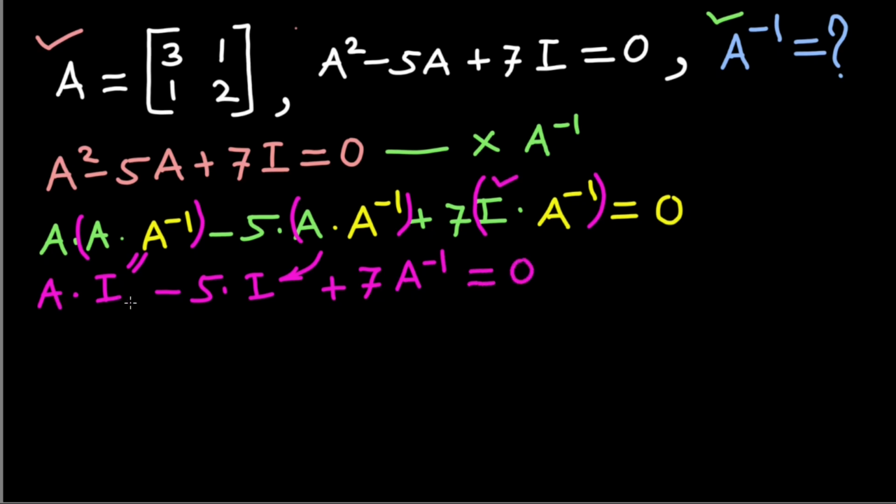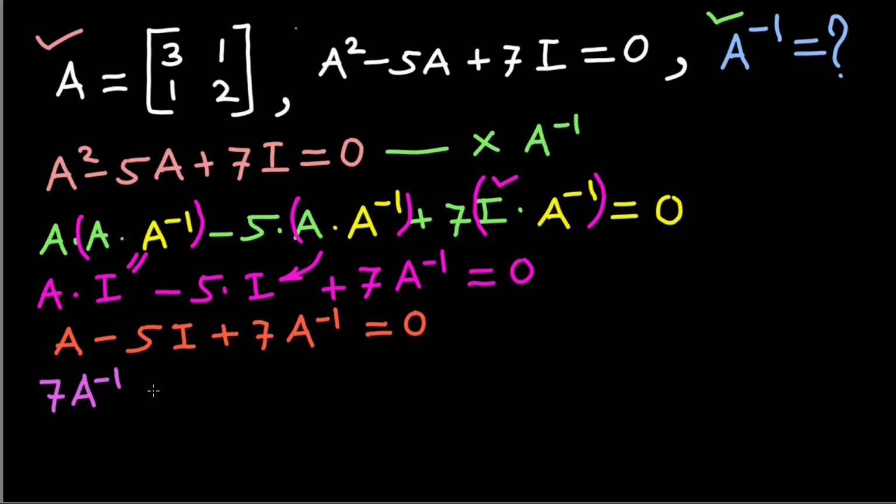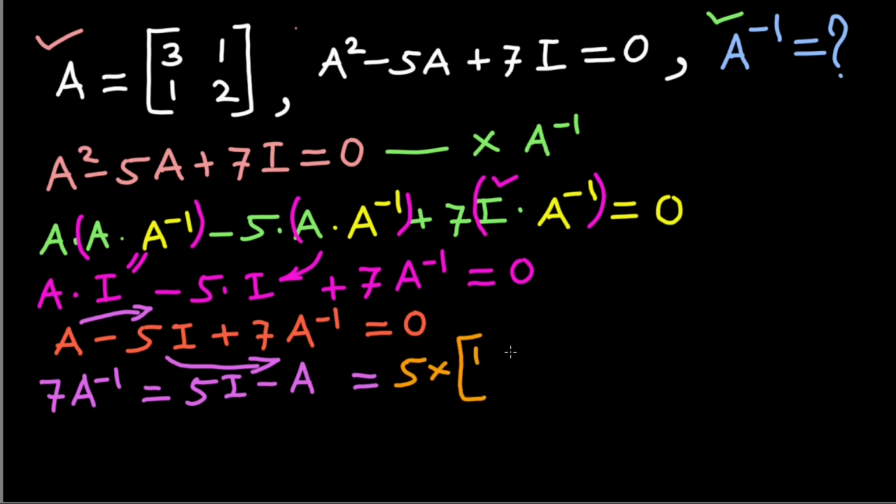Now A into I will be A, so we get A minus 5I plus 7 A inverse equals 0. So 7 A inverse equals, we will send the 5I and A to the right, so it will be 5I minus A. It will be 5 multiplied by the identity matrix [1, 0; 0, 1] minus the matrix A, which is [3, 1; 1, 2].